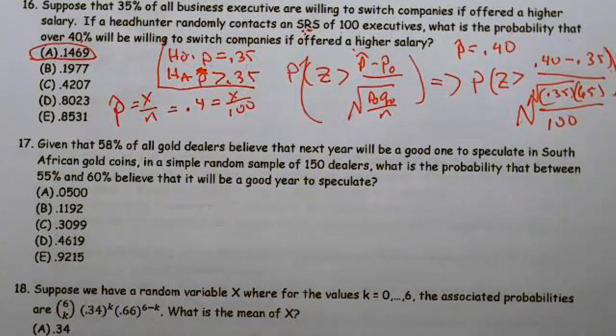So real quickly, if we're dealing with proportions, it's going to be a one proportion Z test or a confidence interval for proportions, but regardless, proportions work with Z's.